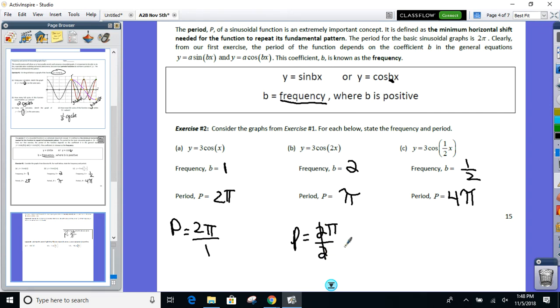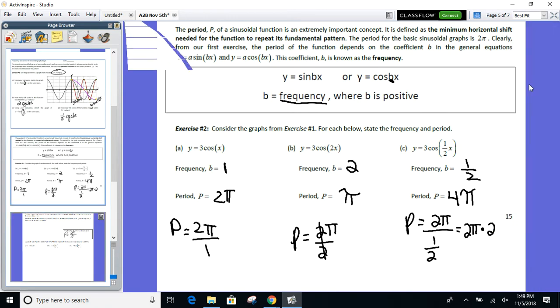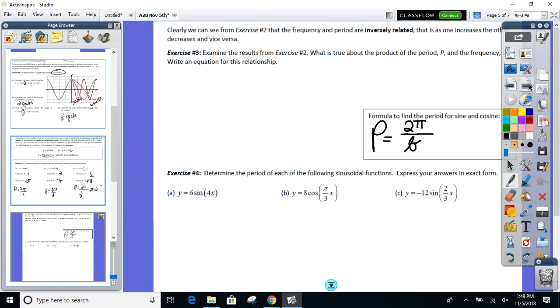Oh boy, for this one. What's your frequency? How do you deal with that? Your little keep change, flip, whatever. Yep. 2 pi times, what do you multiply that by? And what's that going to be? Okay. So if you want to find the period, just given the equation only, I'm going to take 2 pi and divide it by whatever that b value is.